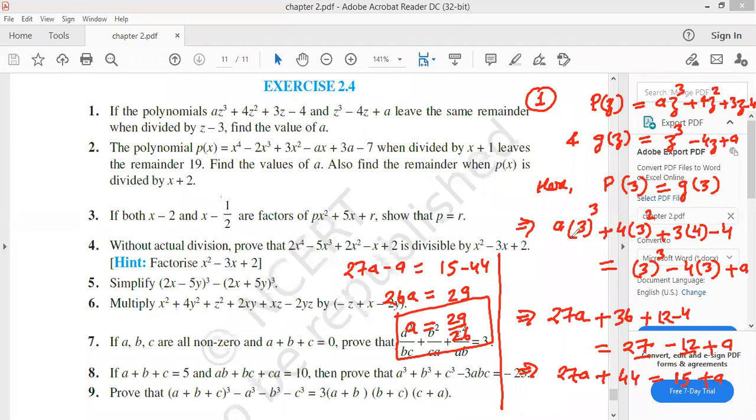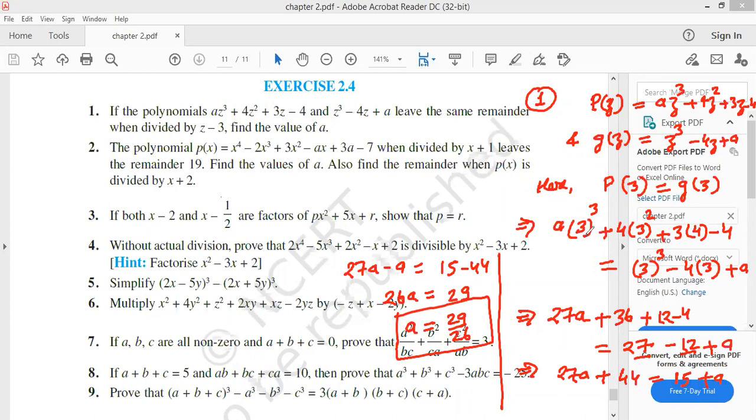I may have done something wrong, so just check it once whether it is correct or not. The equation we wrote is correct: az cube plus 4z square plus 3z minus 4 and z cube minus 4z plus a leave the same remainder.